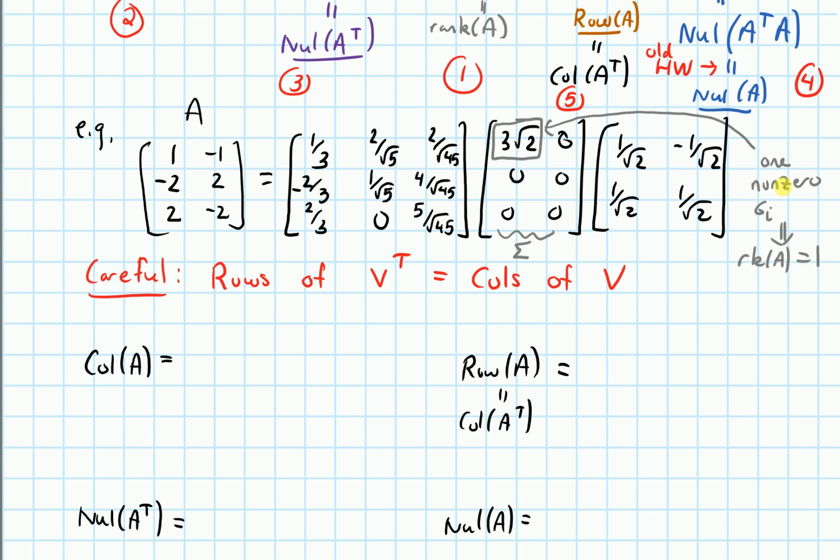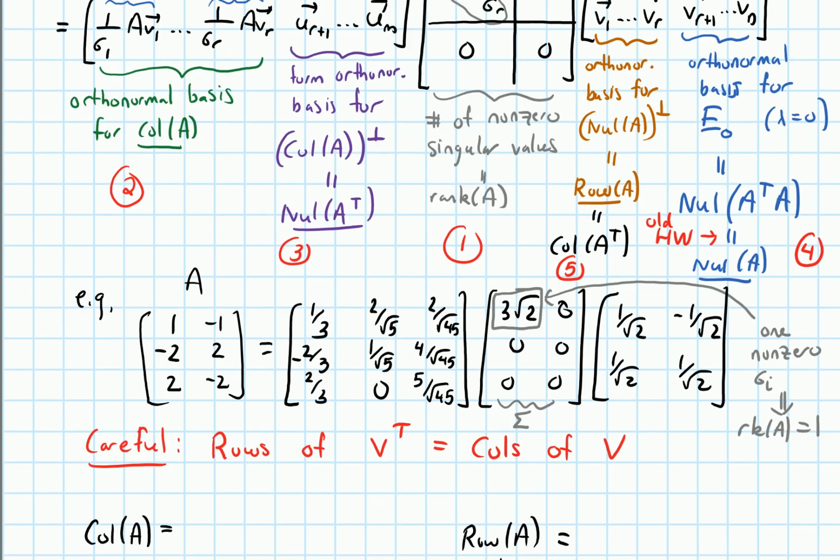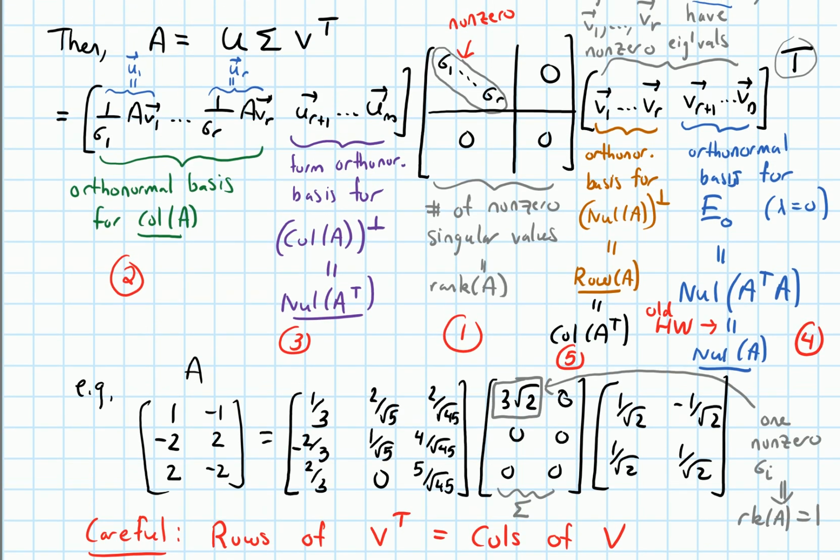However many non-zero singular values we have, that's what the rank of the matrix A is. So the column space of A should have 1 vector in its basis, because the rank is 1. And if we look at our work above, that just means that R is 1. There's 1 non-zero singular value.